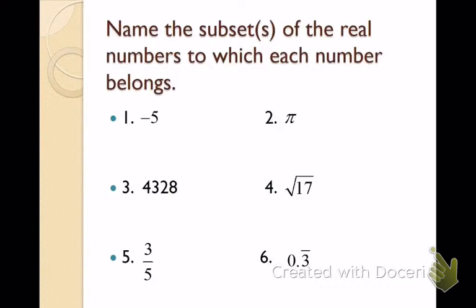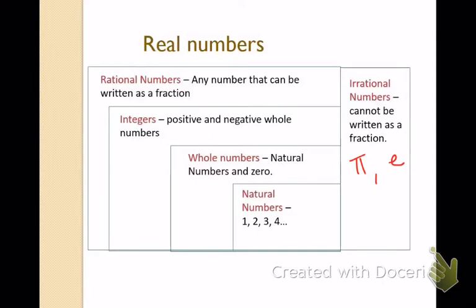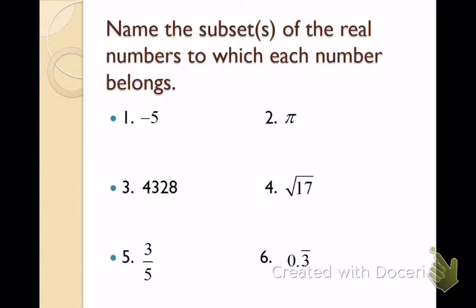So, some numbers here. What subsets of the real numbers does each number belong to? Well, if we back up, -5. -5 is definitely an integer because it's a negative whole number. But because it starts here, it's going to belong to every subgroup under that. So it's going to be a whole number and a natural number. So this guy is an integer, a whole number, and a natural number.